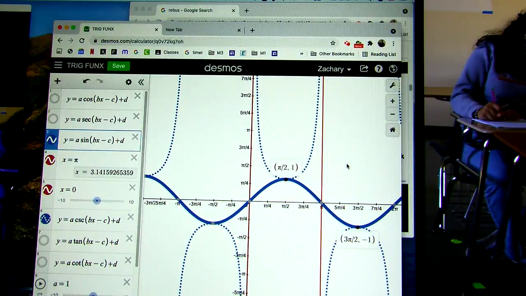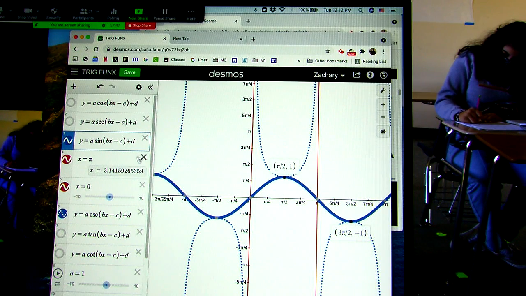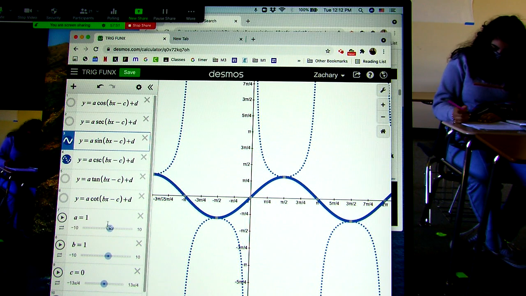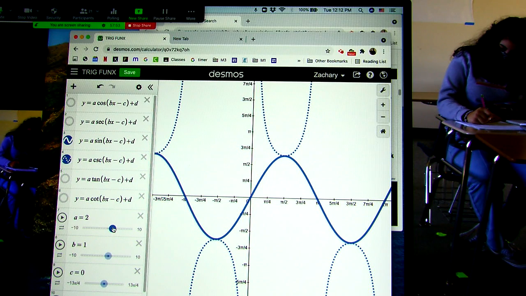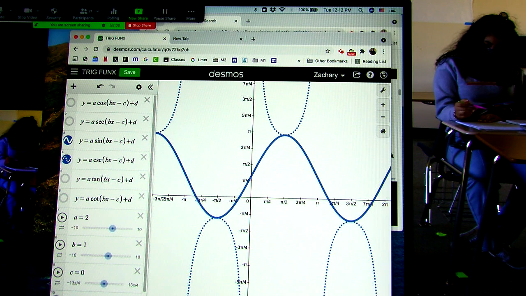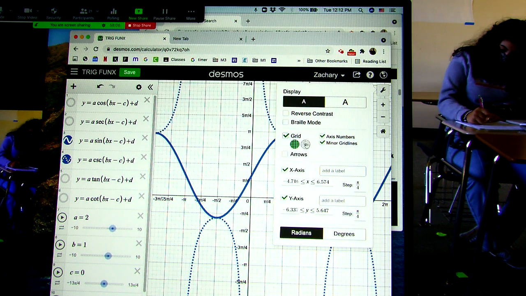and you could see here, this was our graph. Let's get rid of these two things. So we had A was 2, right? What else do we have? B was 1, D was 1. So here's our graph right here. Let me see if I could show grid lines. I can.